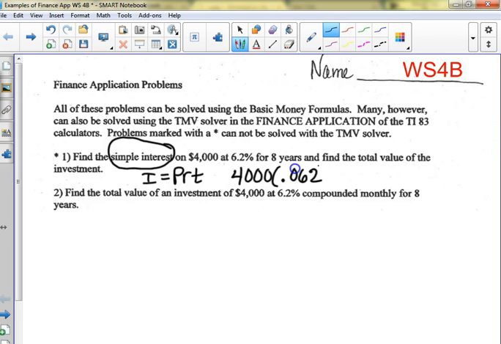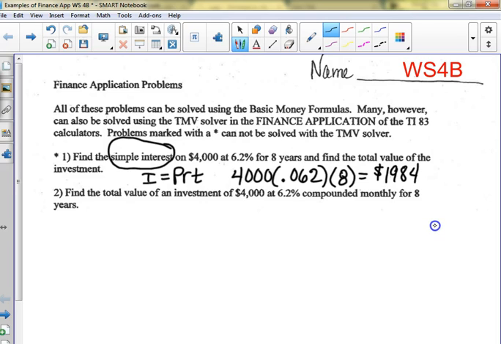Okay, so this example says you're going to $4,000 at 6.2%. We do have to move it over. We're not using the app for 8 years. So our time is 8 years. Now, when we do this, I think it's 19 something, 19. Thank you. That's the interest only. Does that make sense, guys?